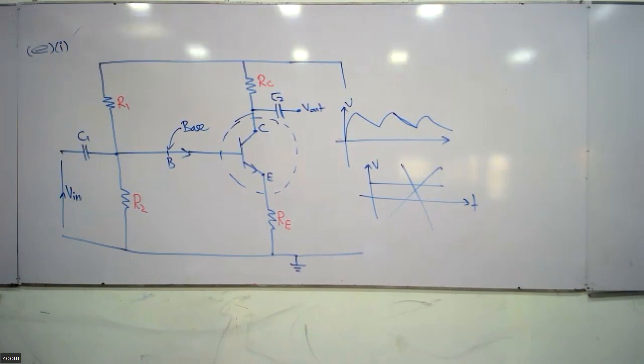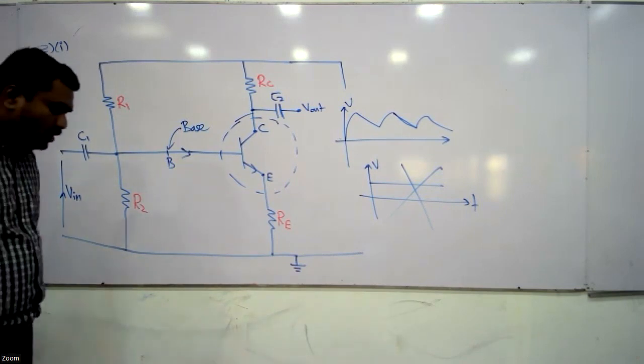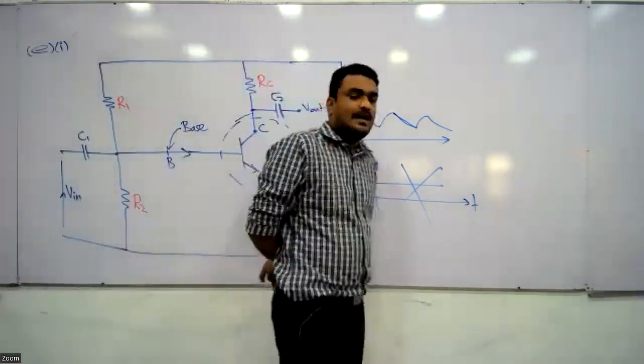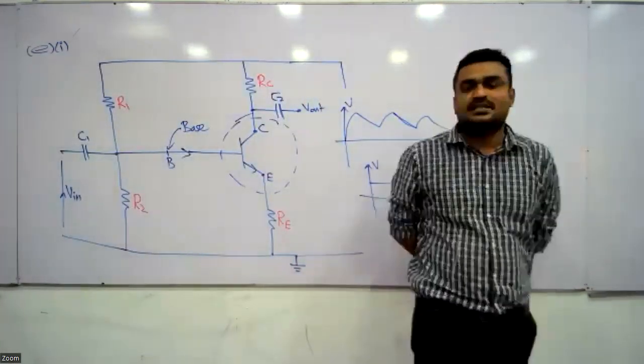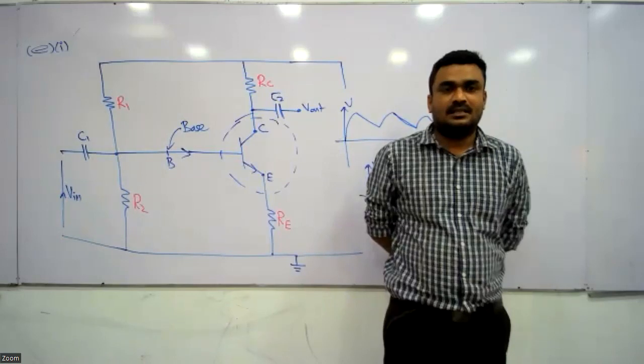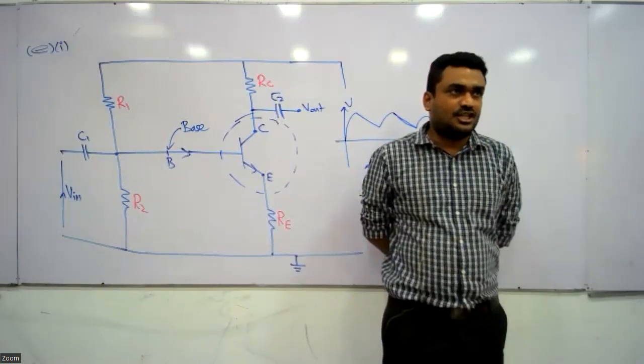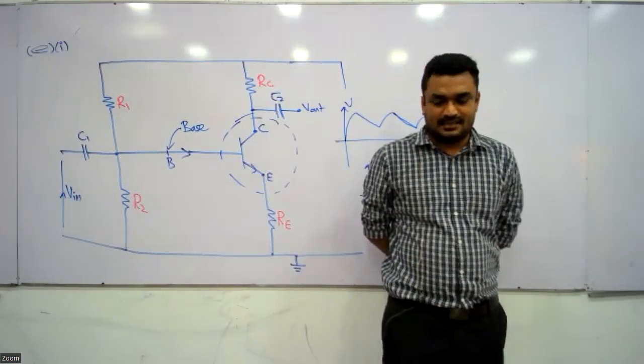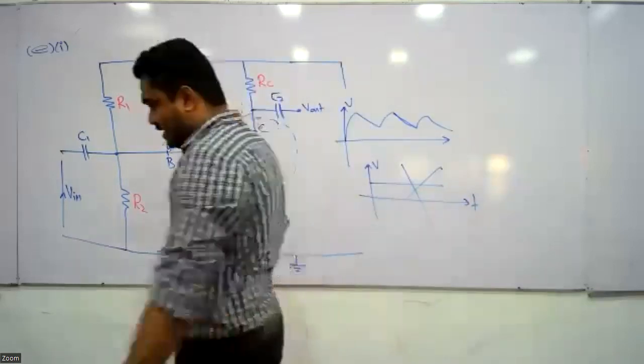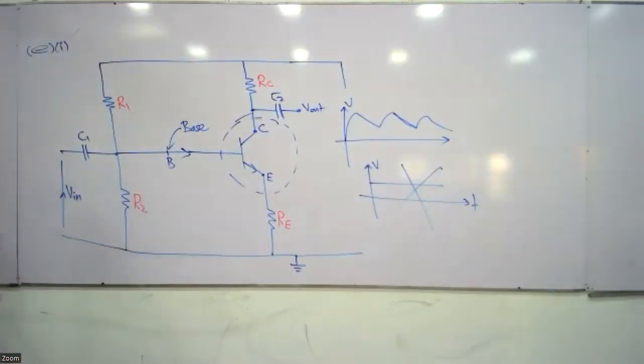The ripple voltage appears as an input signal to the base.